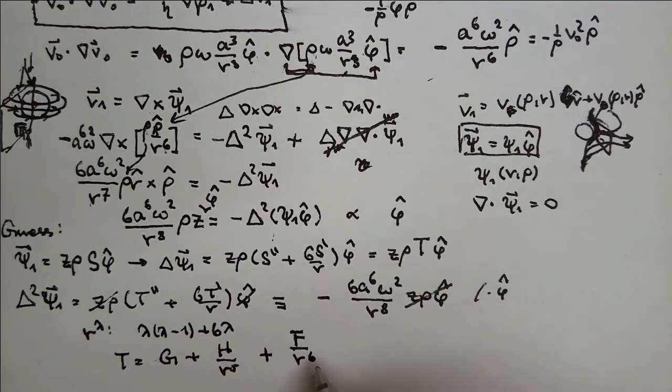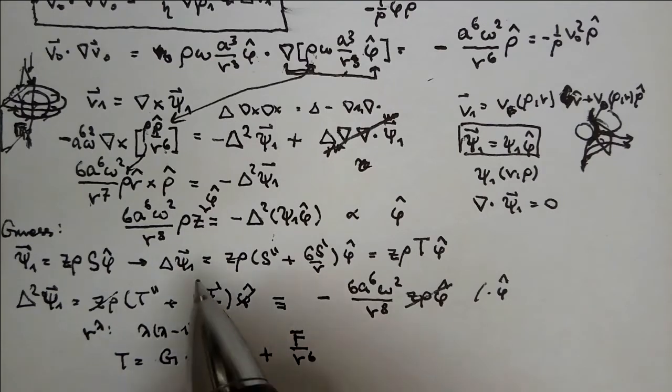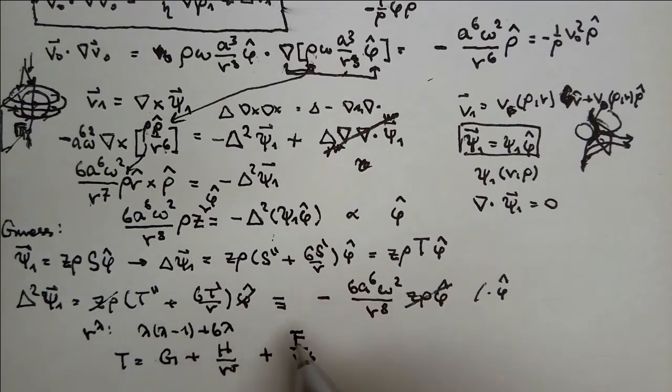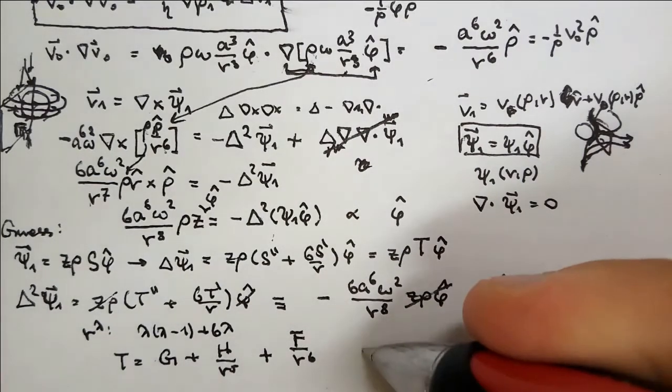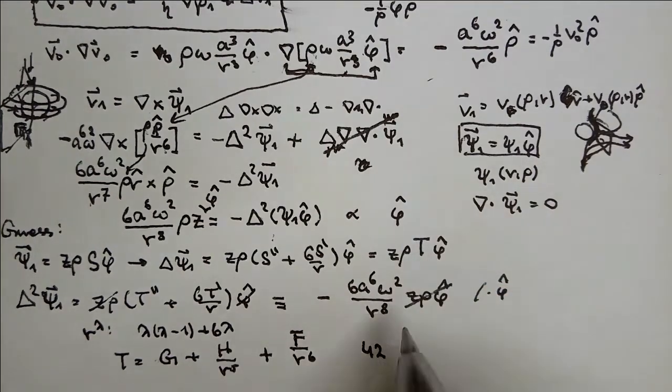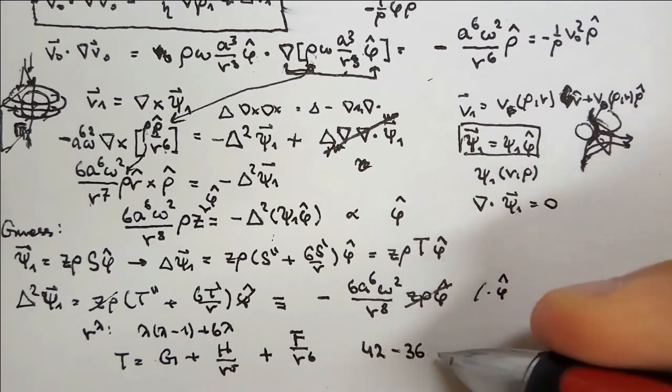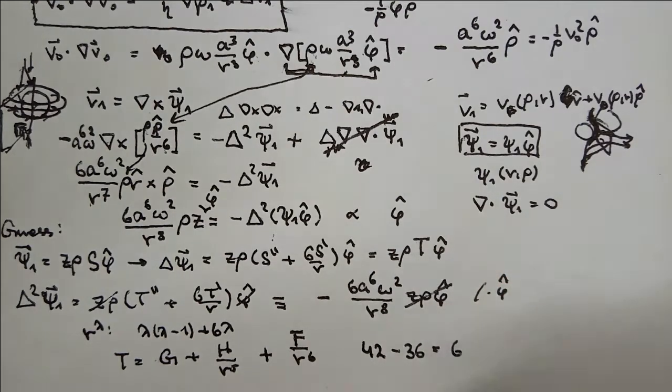And if I substitute in, this will vanish, because it's a solution of the homogeneous Euler equation, and this will produce minus 6 times 7, which is plus 42, minus 6 times 6, which is 36, and the result is plus 6.